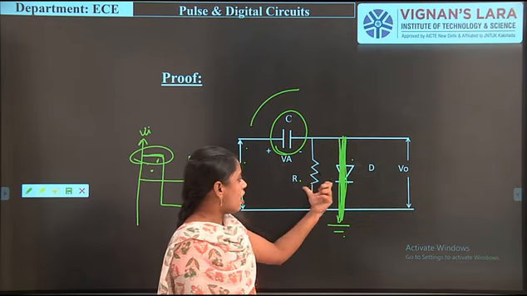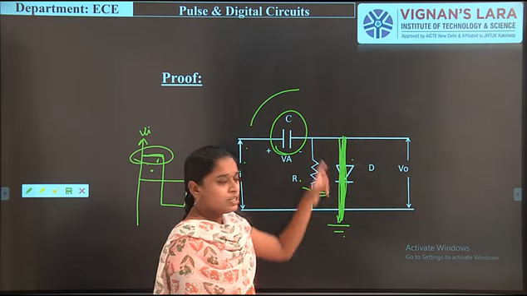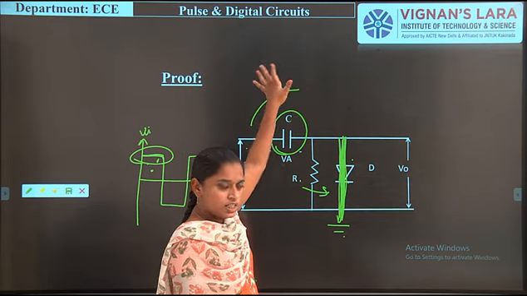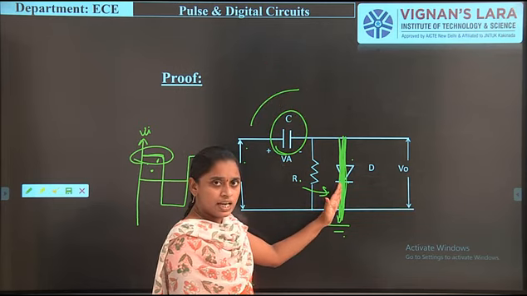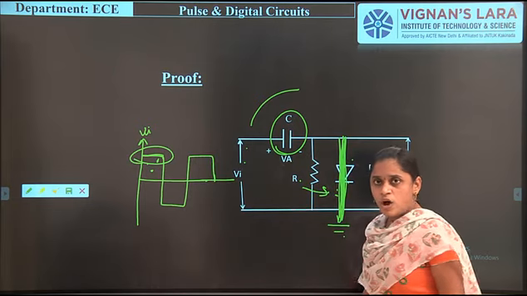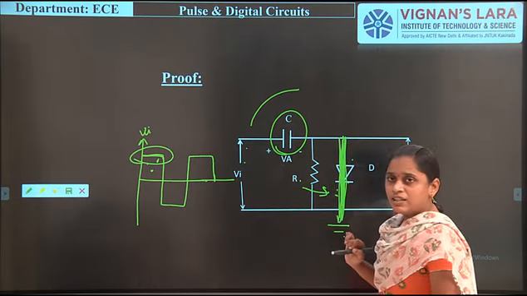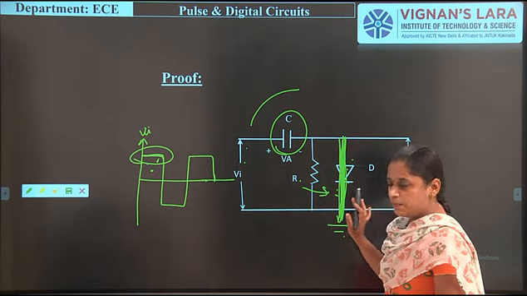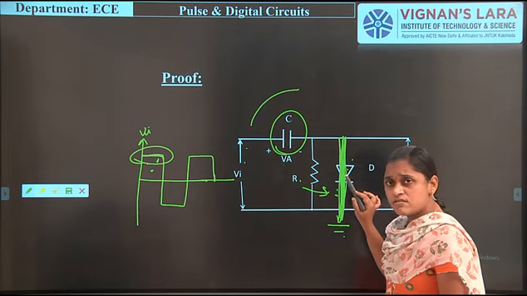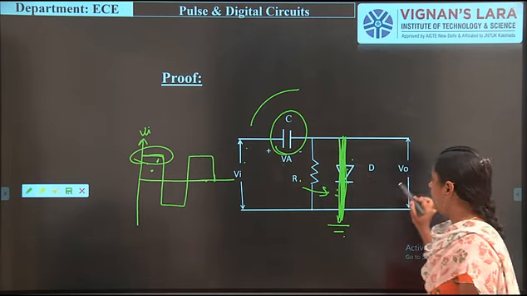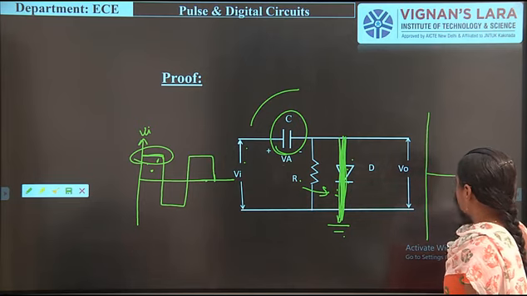As the capacitor starts charging, the voltage across the capacitor increases, so obviously the voltage across this resistor decreases. When the diode is on, the resistance present across the diode will be RF. This resistance is known as the forward resistance, and the output waveform will be like this for this direction.